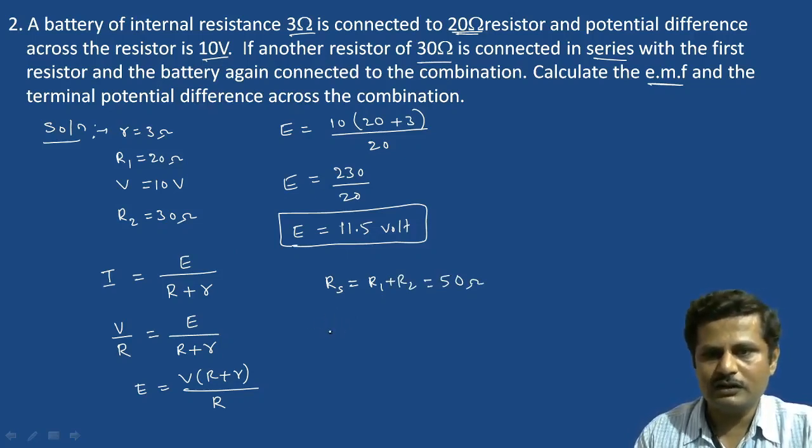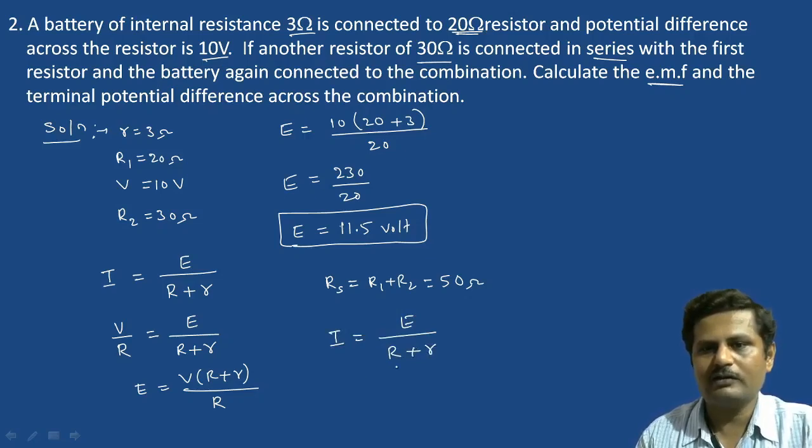So we have seen that there is a battery which is again connected, so we can write the current flowing through the circuit is equal to E divided by external resistance plus internal resistance. Here we connected it to the combination, so instead of taking only one resistance we take the effective resistance.